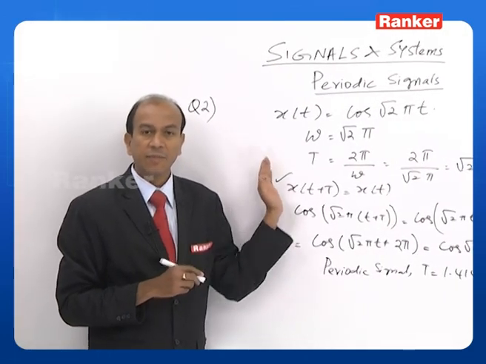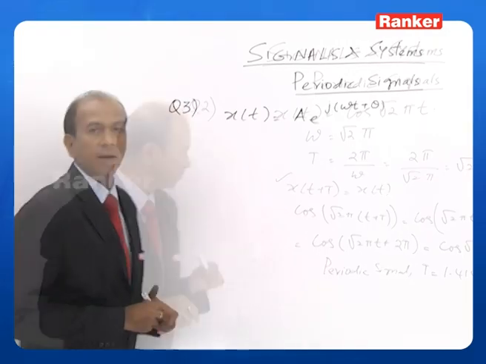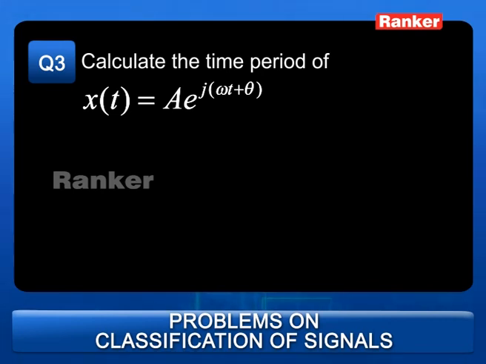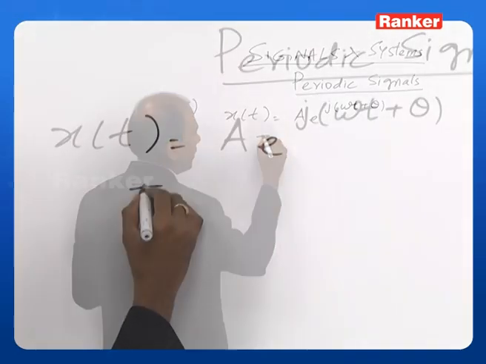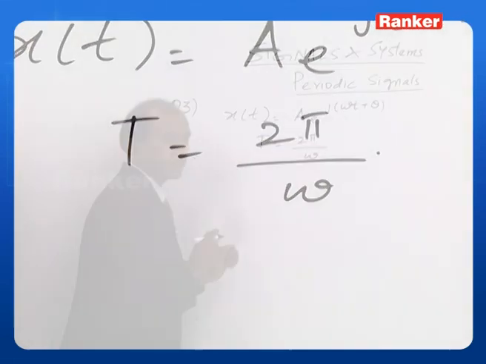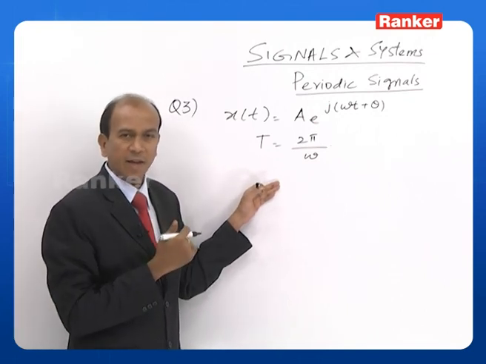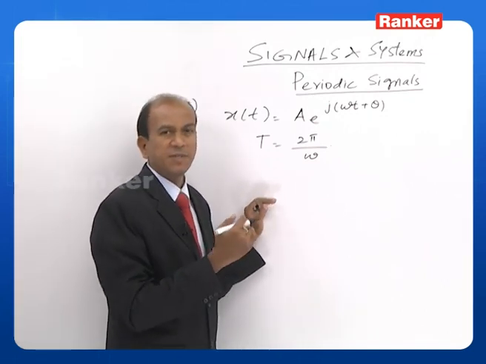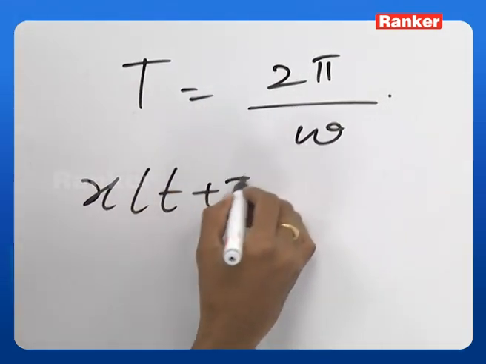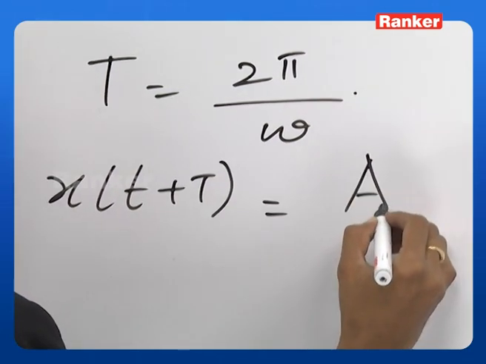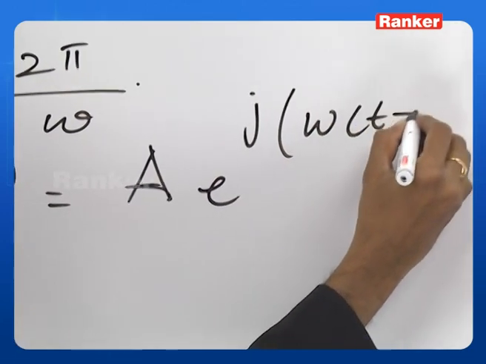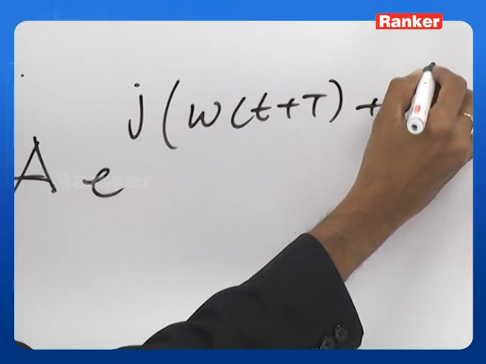Now, we will see the third problem in the series. Let us look at a third problem, A e to the power of j omega t plus theta. Here what is T here? Here T is equal to 2 pi by omega. Now, the condition of periodicity we will take. What is the condition for periodicity? x of t plus T, we have to prove it as x of t. So, let us take x of t plus T. So, how much is this? This is A e to the power of j omega into t plus T plus theta.